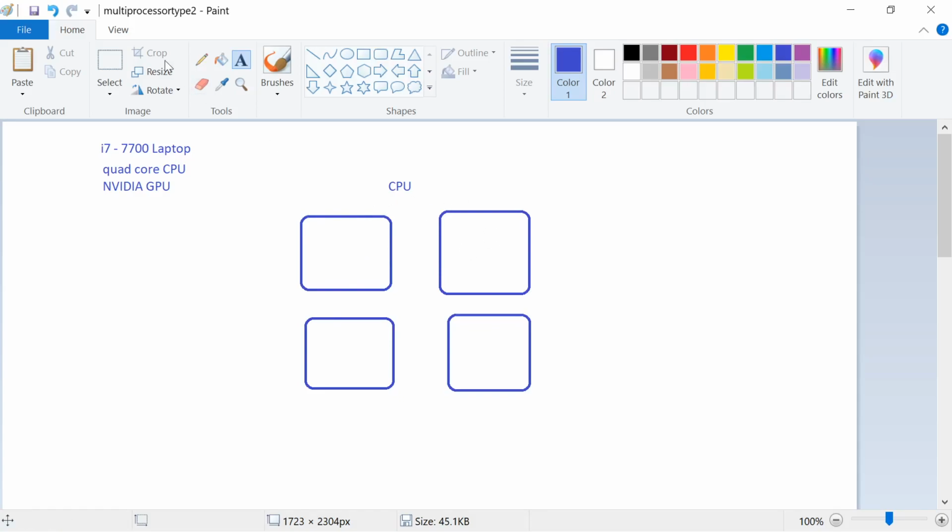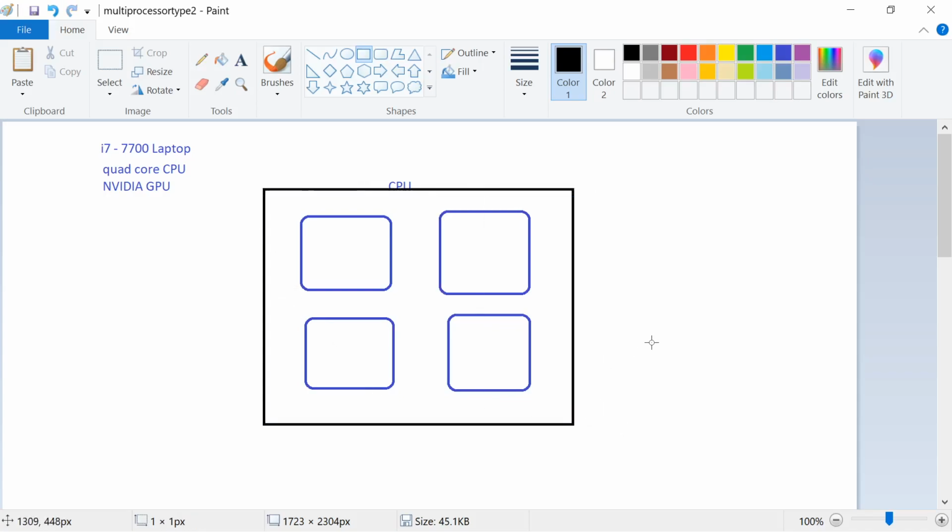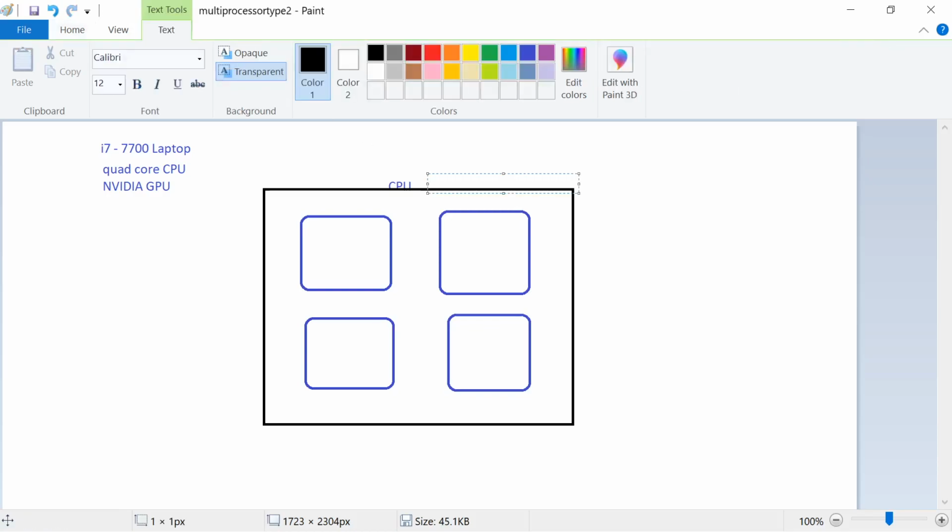Now these 4 processors as a whole, this is my CPU. The CPU is of type MIMD.